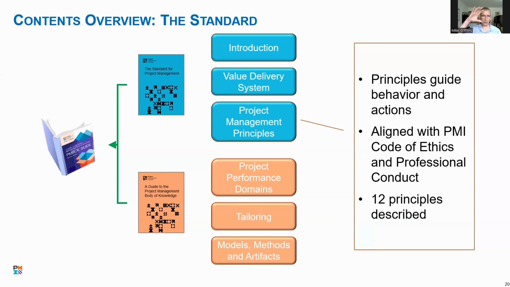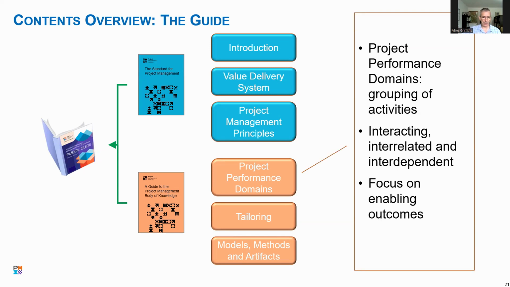And then below the 12 principles, which are more aspirational or navigational, we've got these 8 performance domains, right? These are things that all projects have to deal with, and they include things like stakeholders, changes, uncertainty.